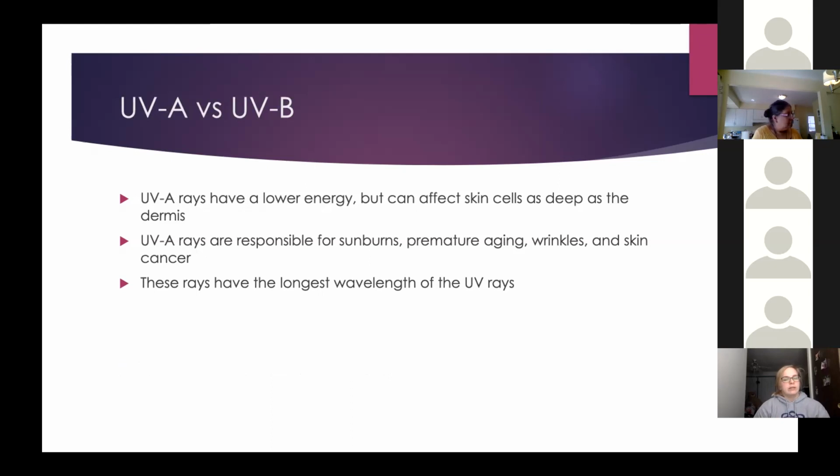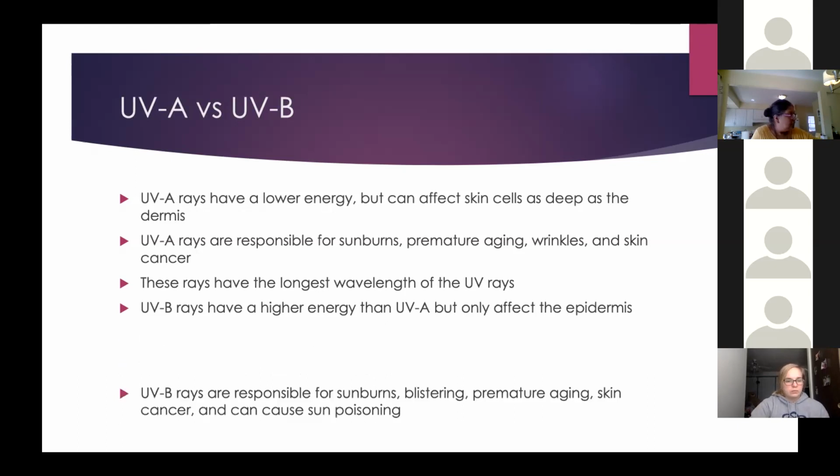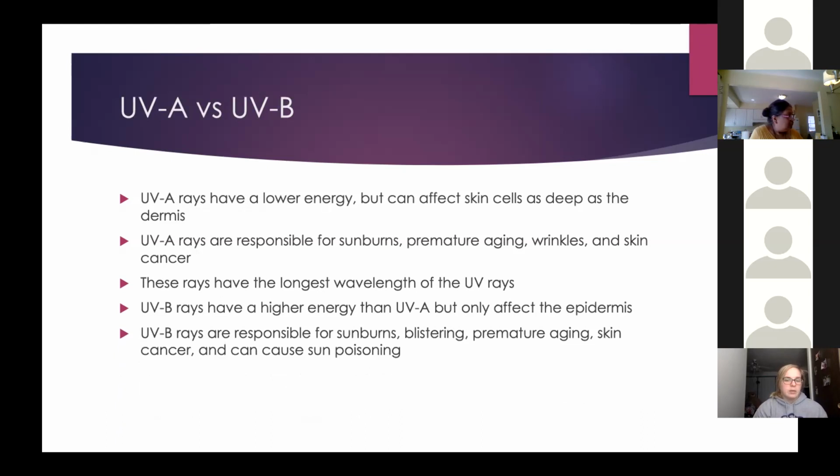But UVAs have the longest wavelength and the lowest energy. Then UVB rays have a higher energy, but they only affect the epidermis, so that very top layer of your skin. And they're responsible for sunburns, blistering, premature aging, skin cancer, and can lead to sun poisoning, which I can tell you from firsthand experience is not fun.